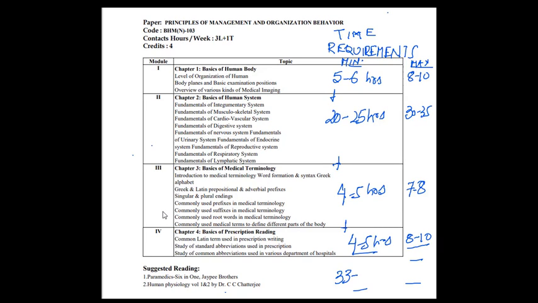Correct. And what about the other side of this range? 6 plus 25 gives me 31, and 5 gives me 36, and 5 gives me 41 hours. So 33 to 41 hours on the minimum side.